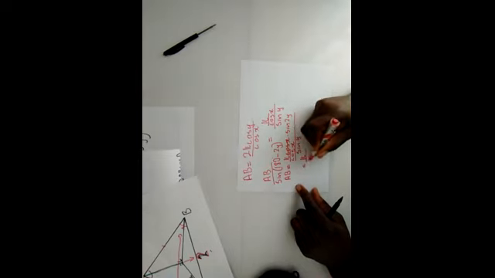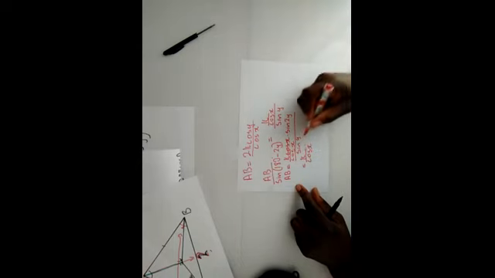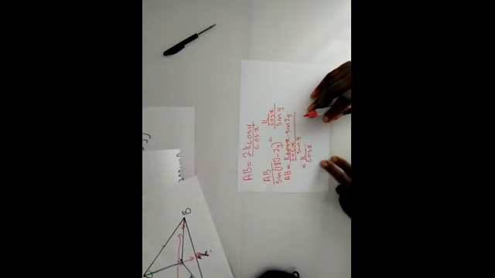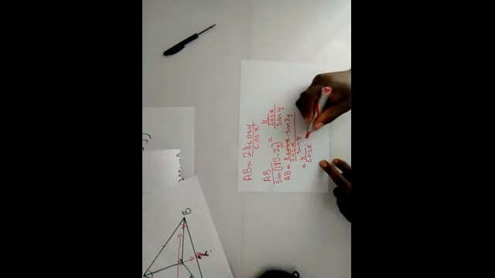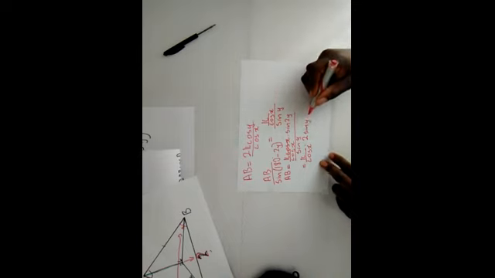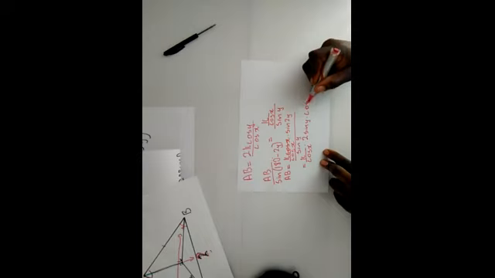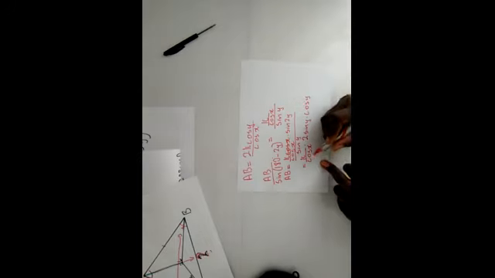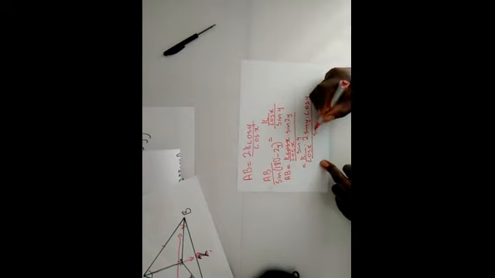Which equals k over cos x times, then we change this into double angles. This is a double angle, so we change it into 2 sine y cos y all over sine y.